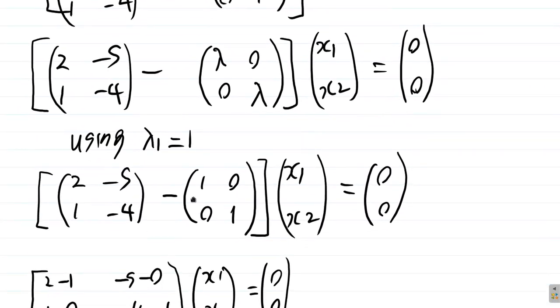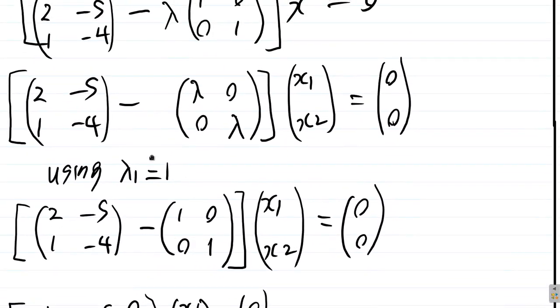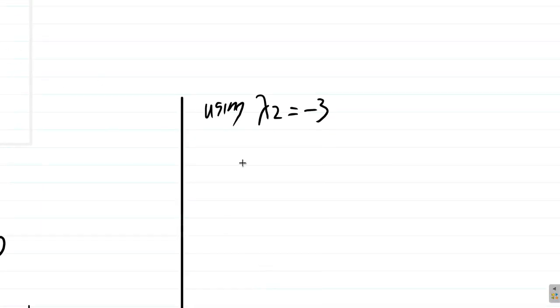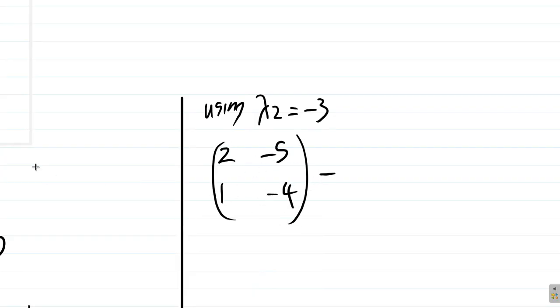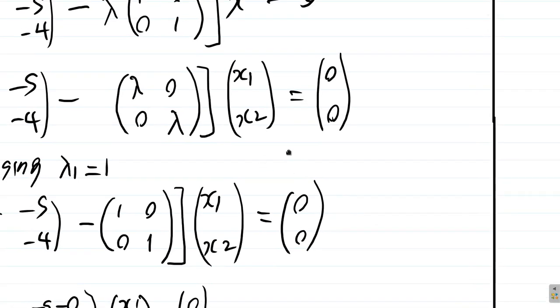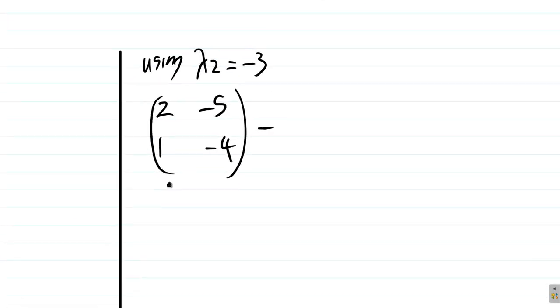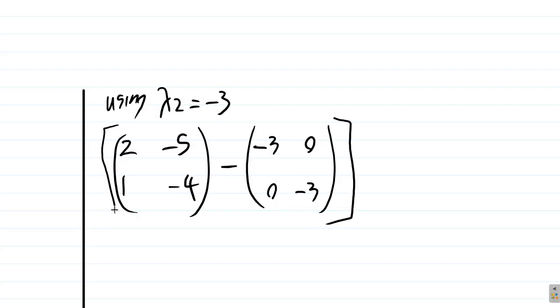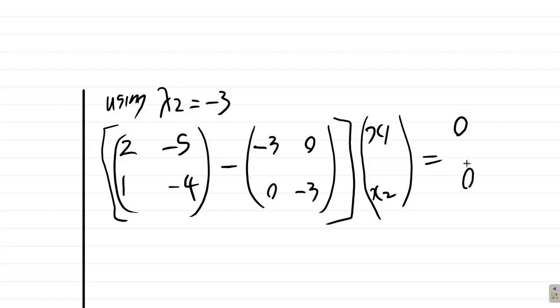So again, we have 2 negative 5, 1 negative 4, minus lambda 0, 0, lambda, but in this case lambda is negative 3, so it's negative 3, 0, 0, negative 3, multiplied by x1, x2 equal 0, 0.